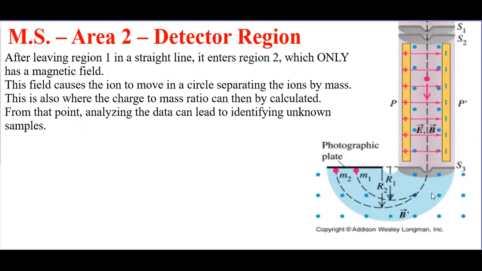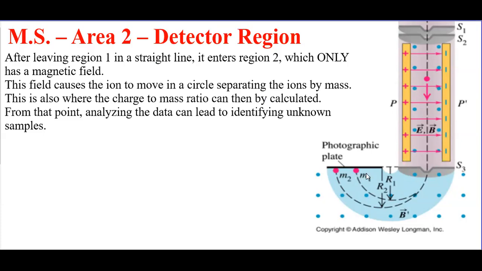In this case, the magnetic field is drawn coming out of the page, so a positive particle is going to curve clockwise using the right-hand rule. Chemists will have some kind of photographic plate that starts to develop, and you'll see light spots on it when charged particles hit it. And what you remember about momentum is larger masses are harder to move.